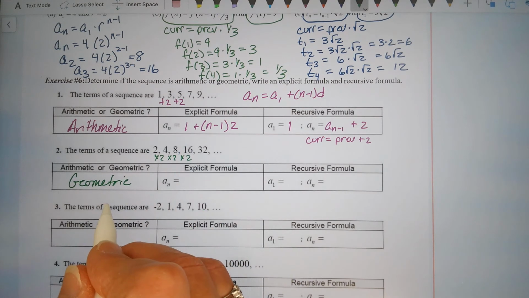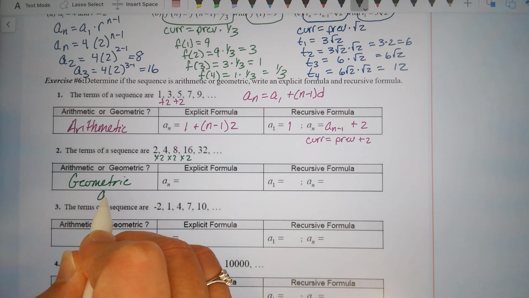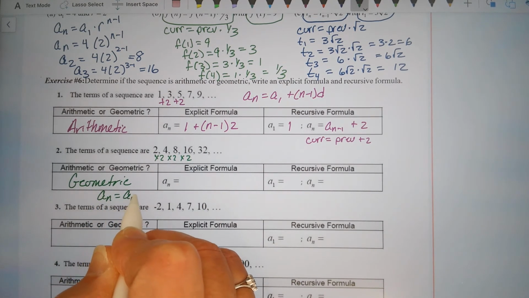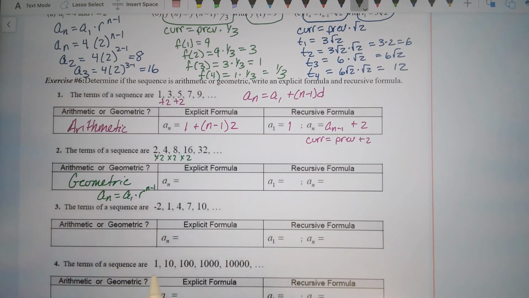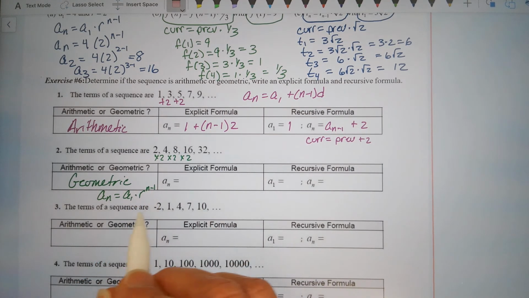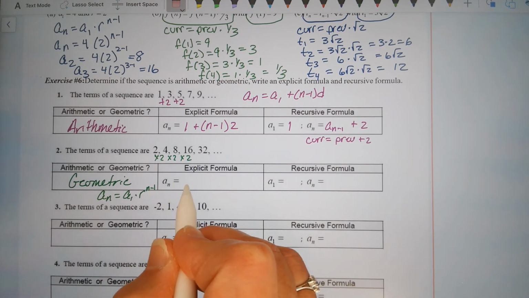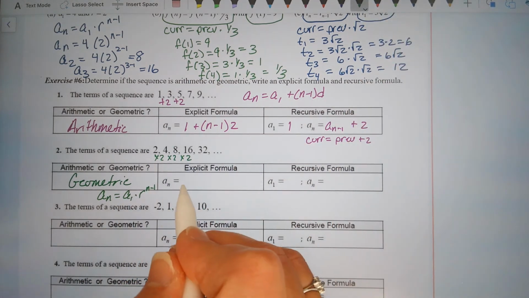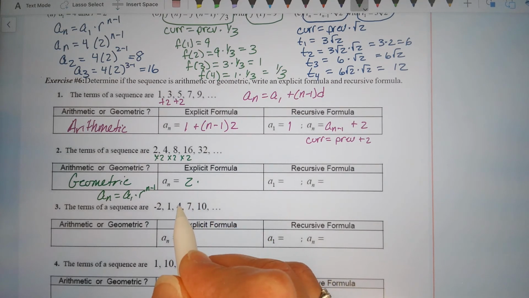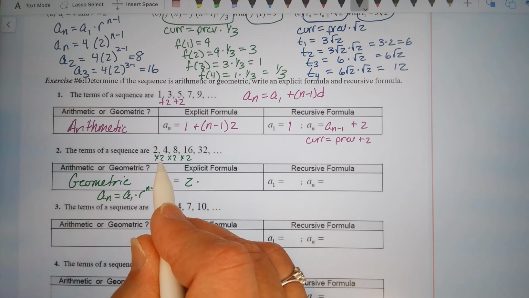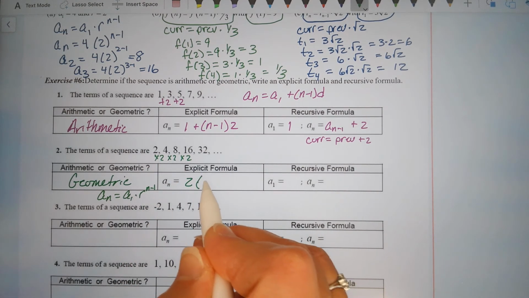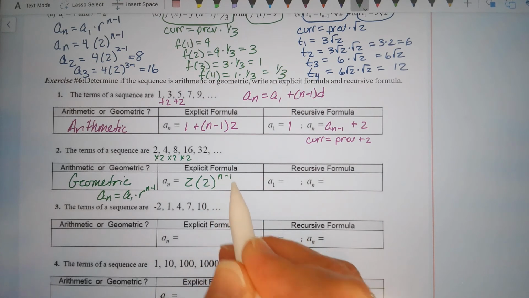The formula for a geometric sequence is a sub n equals a sub 1 times r to the n minus 1. Our first term, so a sub 1, the value is 2, times r, which also happens to be 2, to the n minus 1.